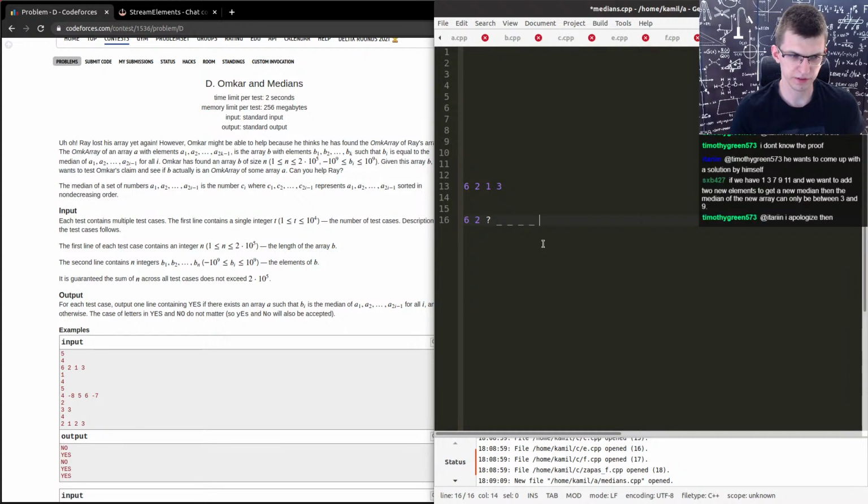If we have 1, 3, 7, 9, 11. Oh, but I don't see how to use the fact that the new number can be in some interval, and otherwise there is no solution. Let's assume that there is a solution.